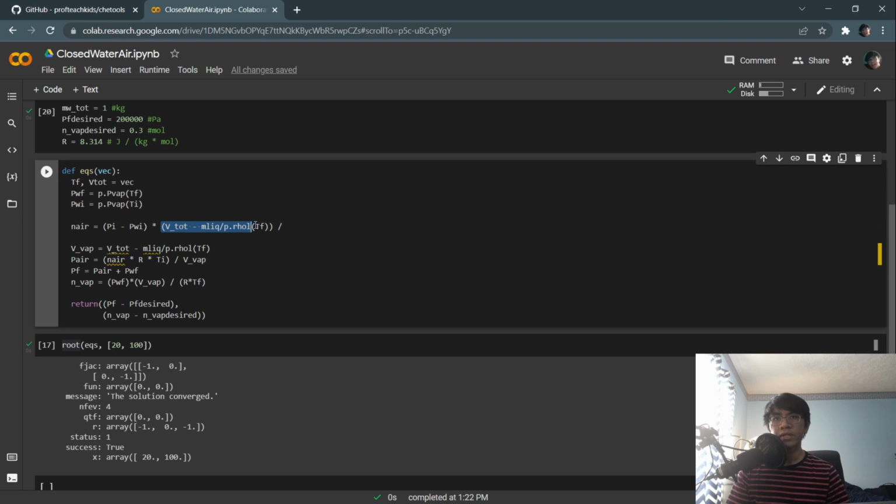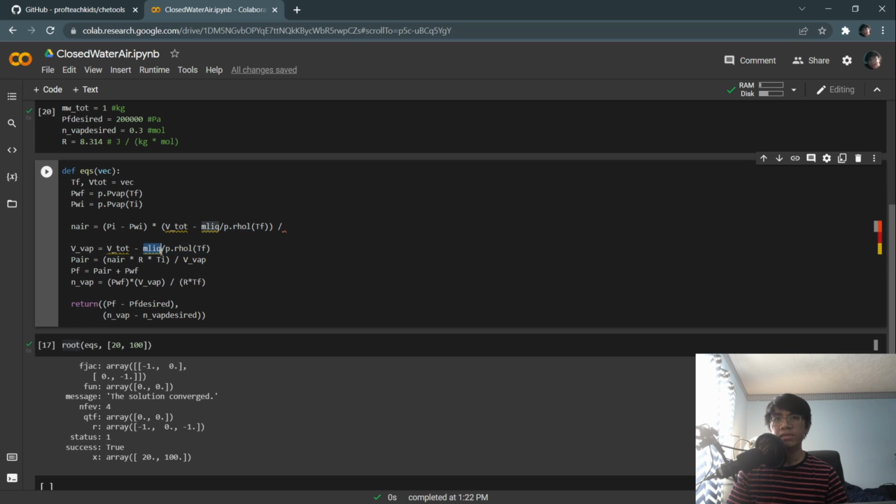And so we put in the volume vapor, which is equal to our volume total minus mass of the liquid over density at the final temperature, and that is representative of the volume of the liquid, because we remember that density is the relationship between mass over volume. We're solving for the volume of the liquid for this part to subtract from the total volume.